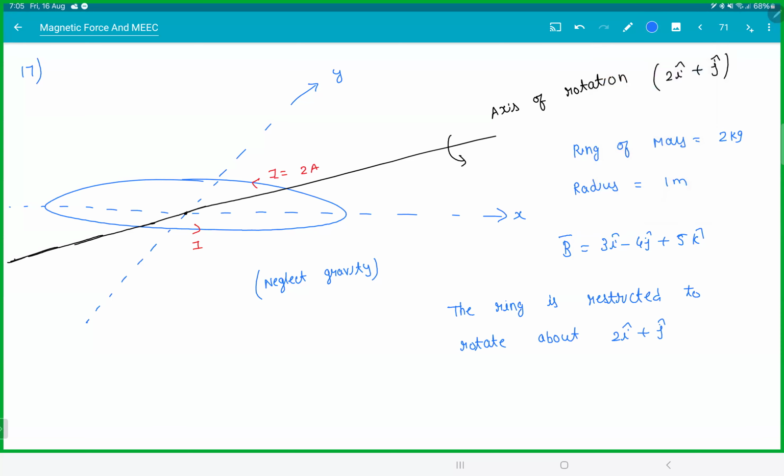Initially, the thing is in the xy plane. Find the initial angular acceleration. So the moment you switch on this field, this thing will try to rotate. So find the initial angular acceleration. It's a good one. Let's see.